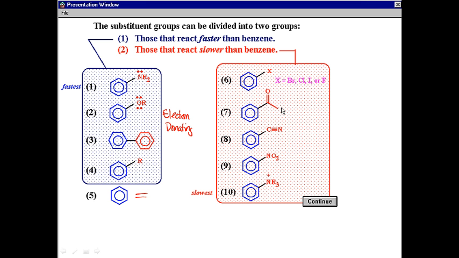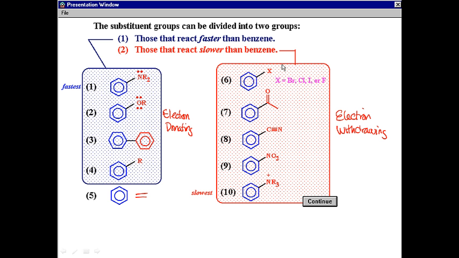And anything that reacts slower than benzene is going to have what we call an electron withdrawing group. Here are our examples of electron donating groups and electron withdrawing groups. Some of these, again, you may have talked about in lab. The idea that if you have a carbonyl group attached to the ring, that's electron withdrawing. Carbon triple bond N groups also are electron withdrawing, and so are halogens.